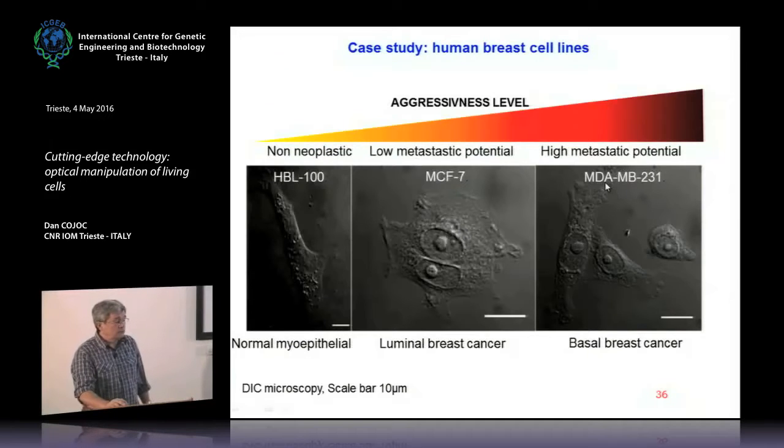What we do is this. We try to compare the elasticity of different types of cells. In this case, we analyzed breast cancer cell lines, non-neoplastic, low metastatic potential, and high metastatic potential.